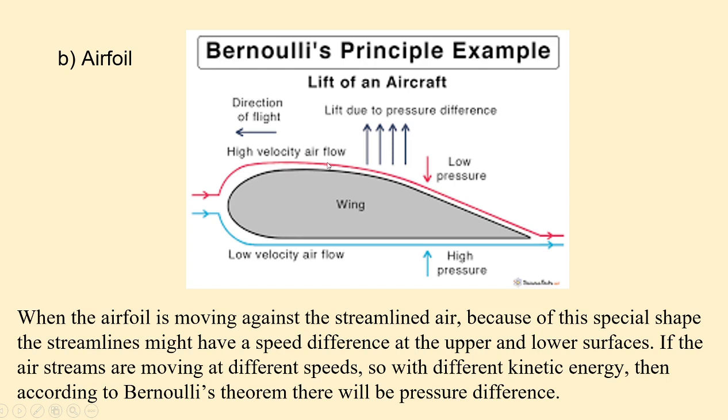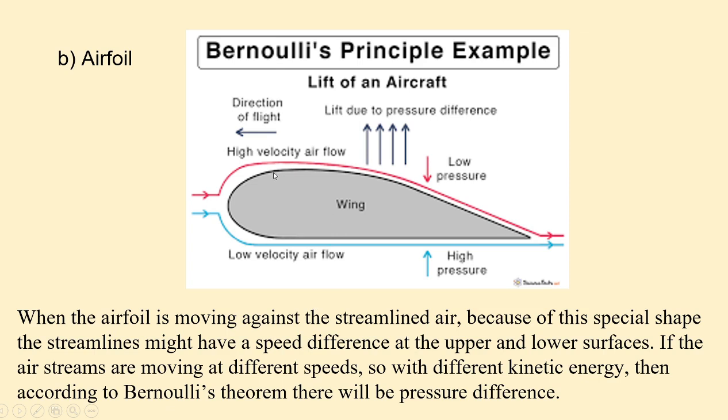In other words, the air streamlines in the upper surface have to travel a longer distance compared to the air streamlines in the lower surface. So these upper streamlines have to travel very fast, with a very high velocity compared to the air streamlines in the lower surface.